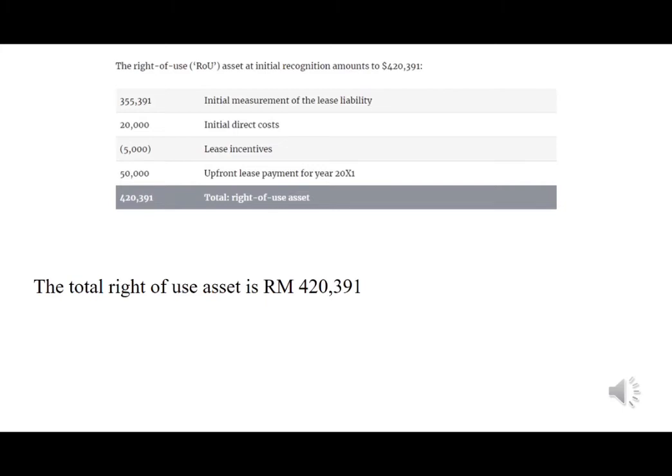To calculate it, the first step is adding the initial measurement of the lease liability and the initial direct cost, minus the lease incentive, and plus the upfront lease payment for year 20x1. Then we get the total right of use asset, which amounts to 420,391.